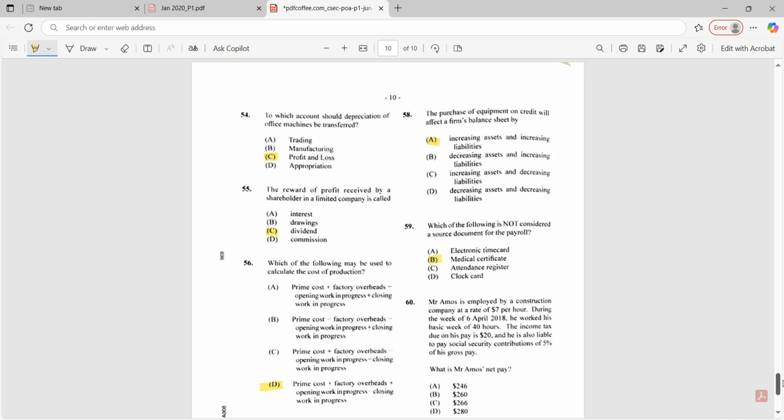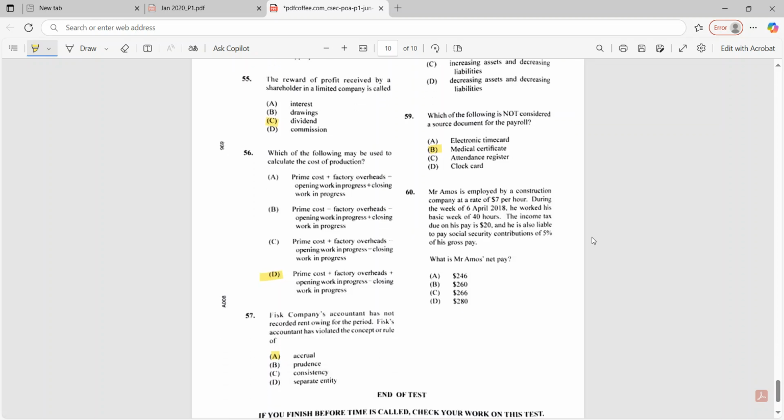And Mr. Amos is employed by a construction company at a rate of $7 per hour. During the week of the 6th of April 2018, he worked his basic week of 40 hours. The income tax due on his pay is $20, and he's also liable to pay Social Security contribution of 5% of his gross pay. What is Mr. Amos' net pay?